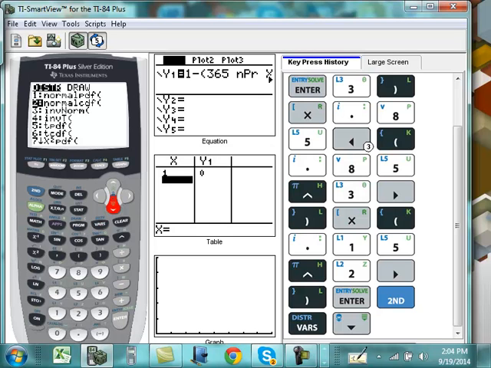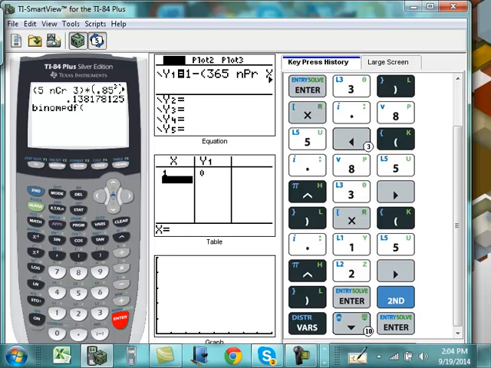We will get to the normal and the t distributions and the chi-square distributions, and the f distributions, and down here, option A, we have the binomial PDF.